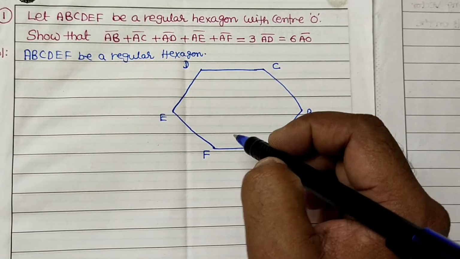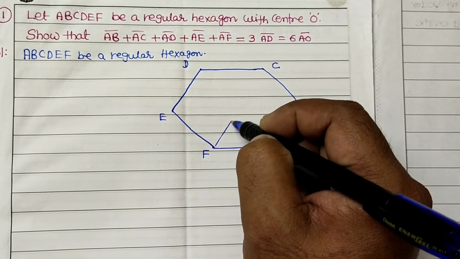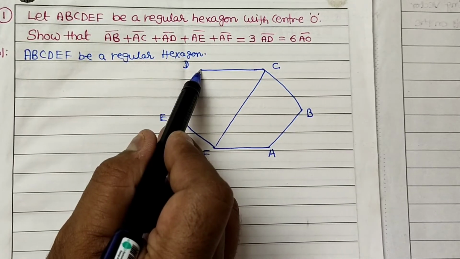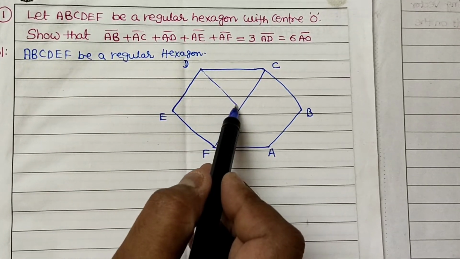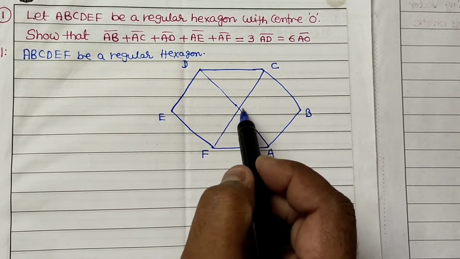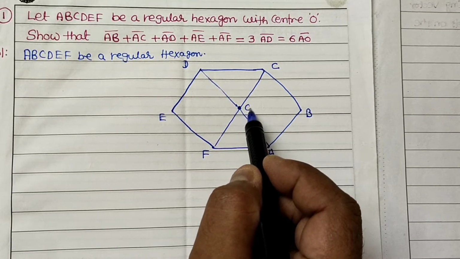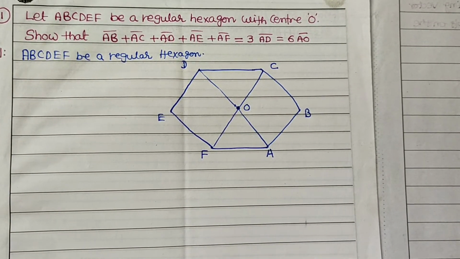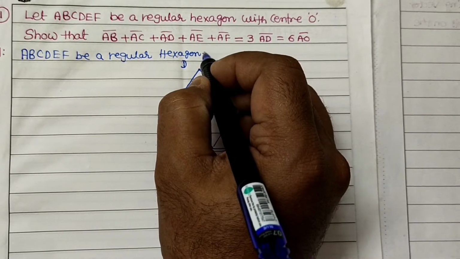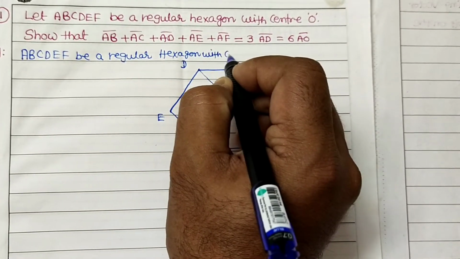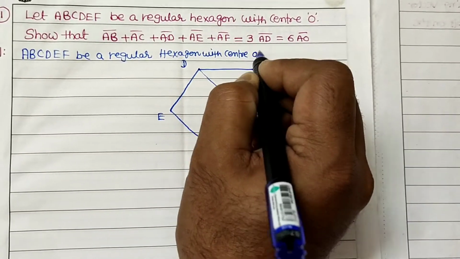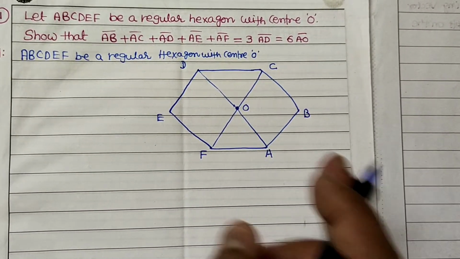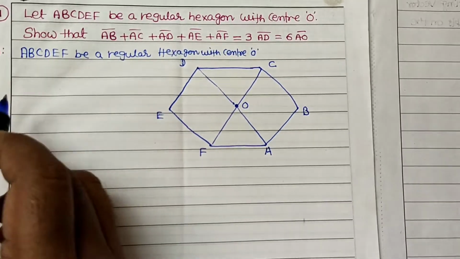So join, and this point is O. With center O, you have to write it. After that, consider this LHS.